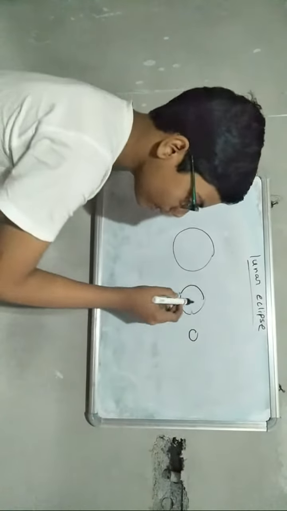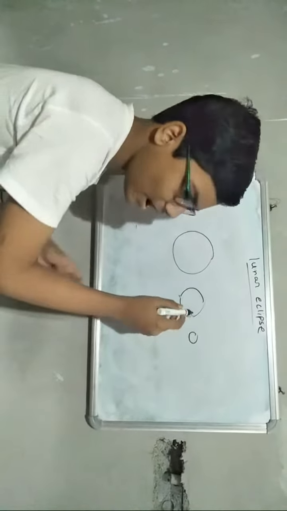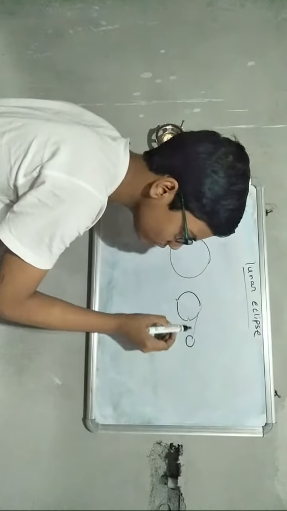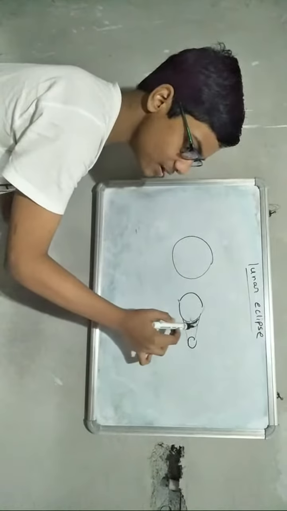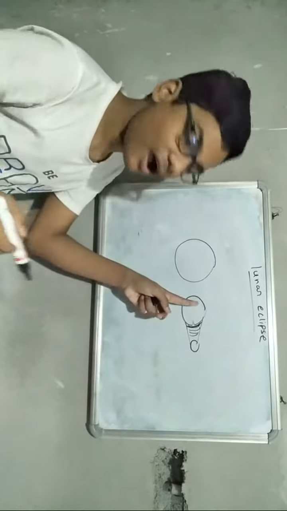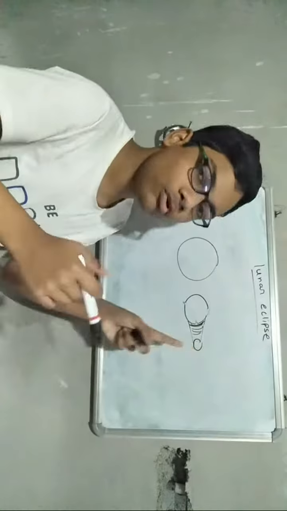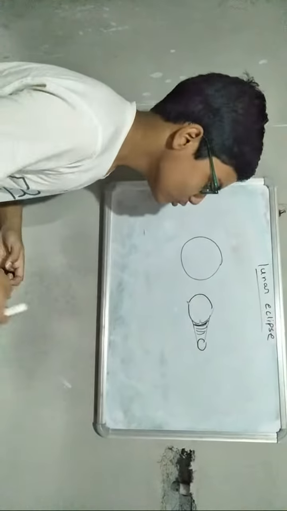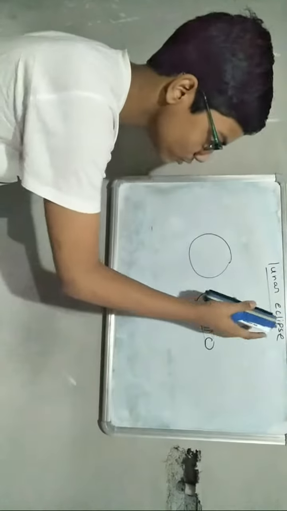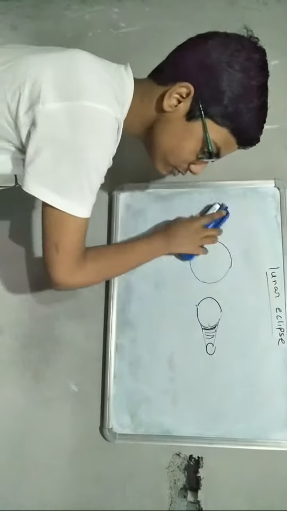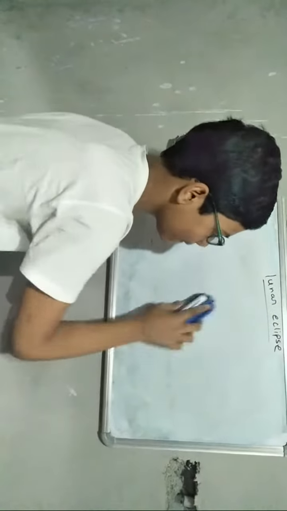The earth's shadow falls on the moon, so the people living in this portion of the earth cannot see the moon for a specific time. This is called a lunar eclipse. This also falls under the phenomenon of shadow.